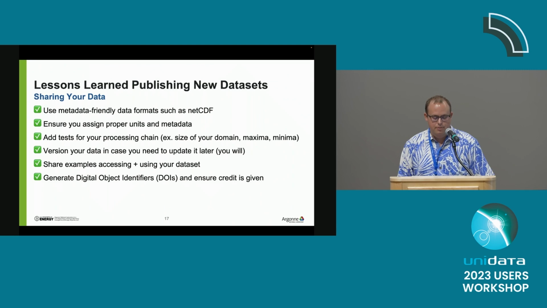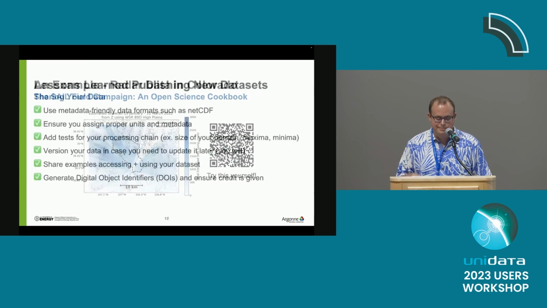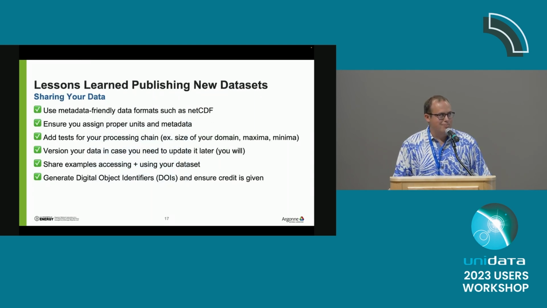For example, if we accidentally added an extra 0, or if we had some sort of extra relationship we wanted to add, it's critical to version your data, so that people know that they're getting the latest version, and that they're not messing up their analysis using some sort of erroneous data set.